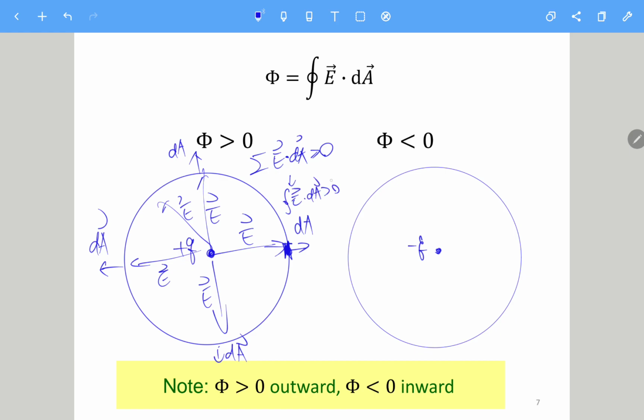It should be positive. And here, as this is a negative charge, all the E field are pointing inward, and still the dA is pointing to the outside.